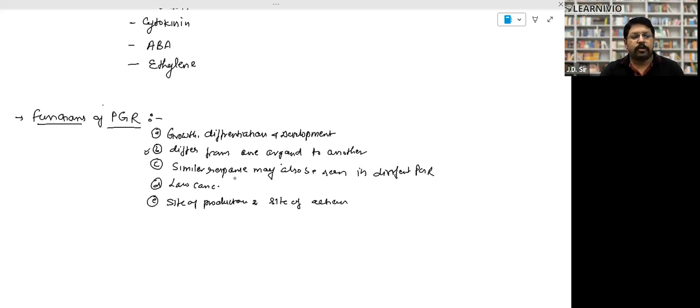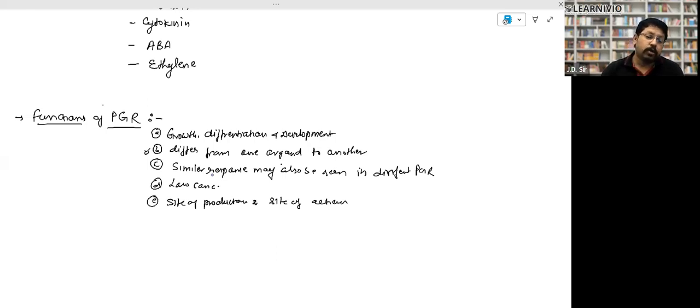Like auxin will perform different functions in the root, different functions in the shoot, and different functions in the leaves, right? Similar responses may also be seen with different plant growth regulators. Different plant growth regulators can perform similar functions, right?